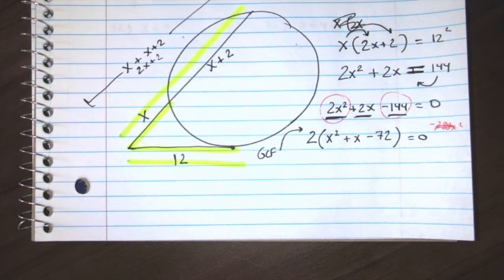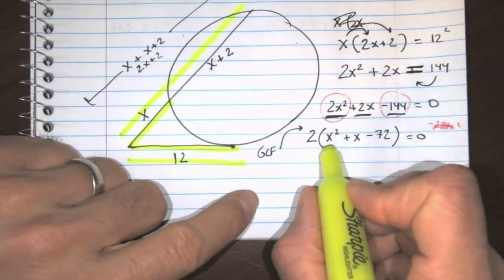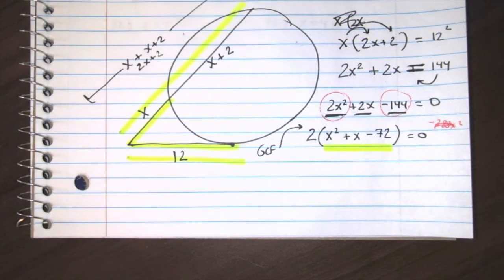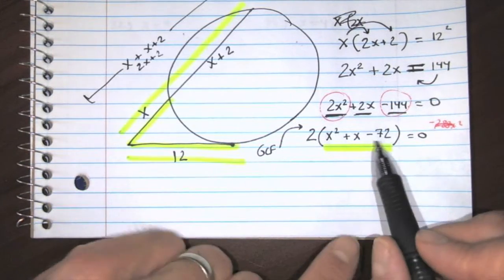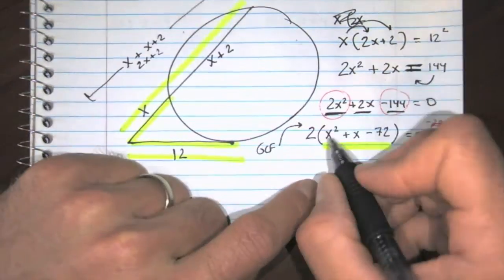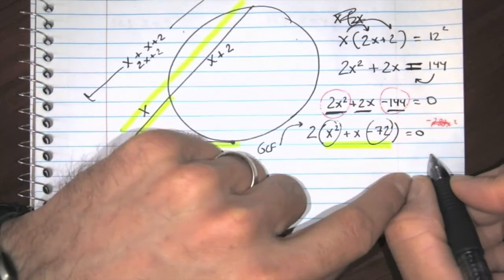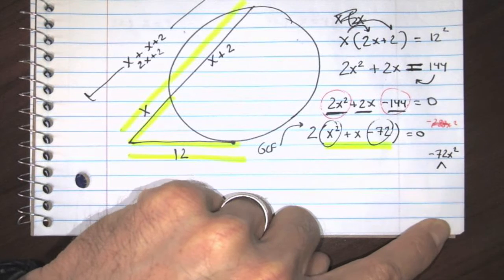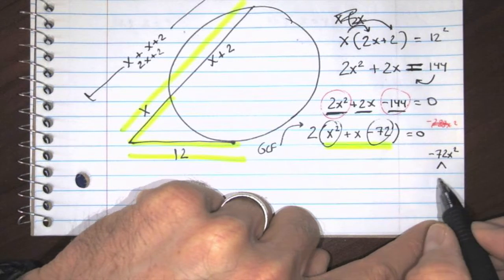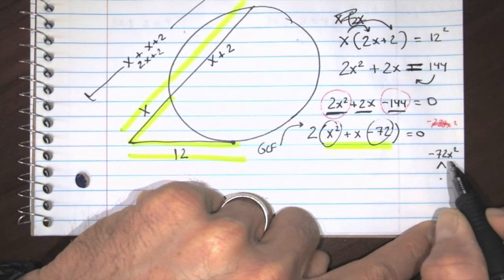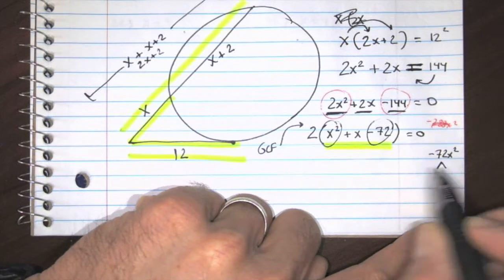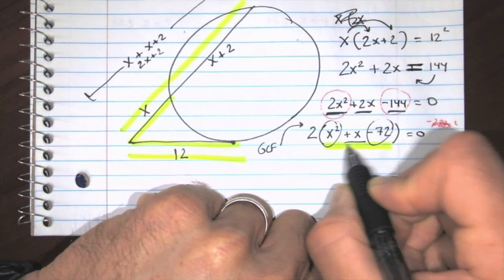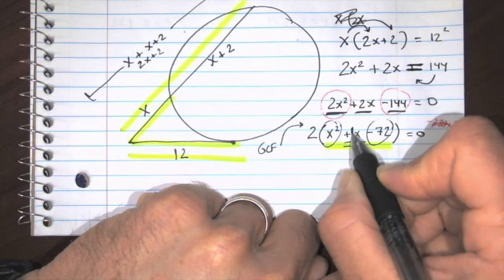Now, what you have left on the inside, this trinomial, the x squared plus x minus 72, that is so much easier than your original trinomial. So, multiply first and last together, negative 72x squared, and the factors that multiply to get that, add to get the middle term, which the middle term there is an invisible 1 right there.